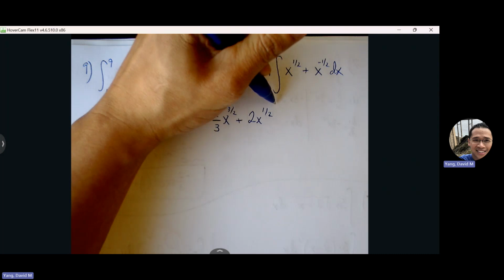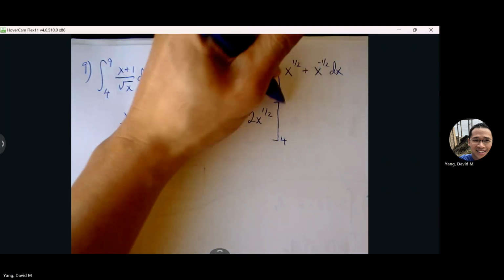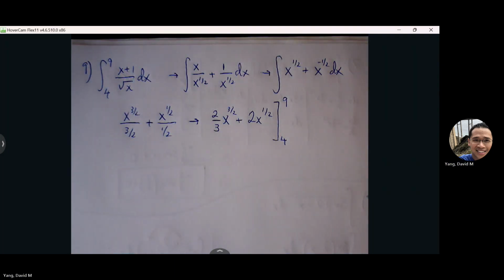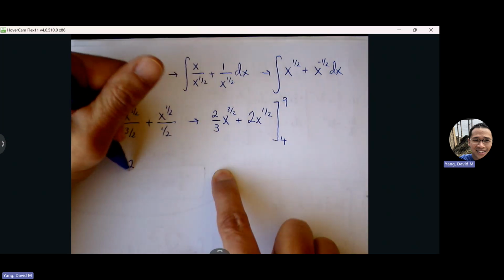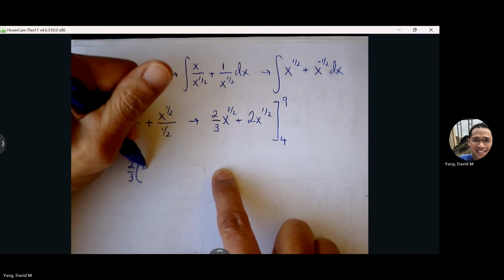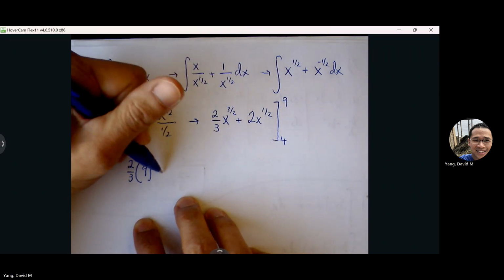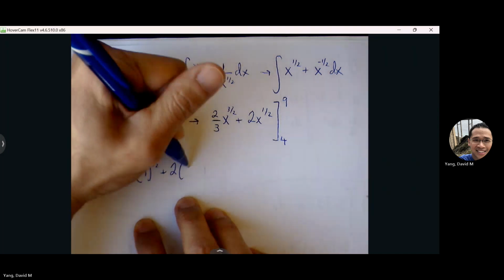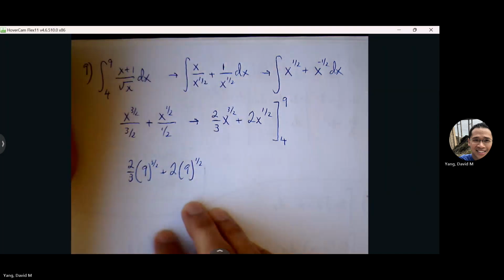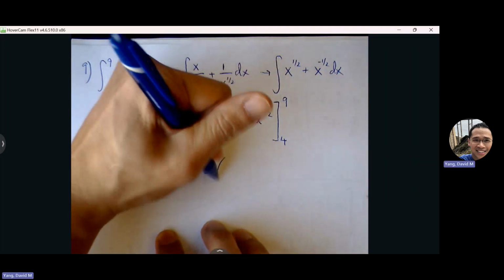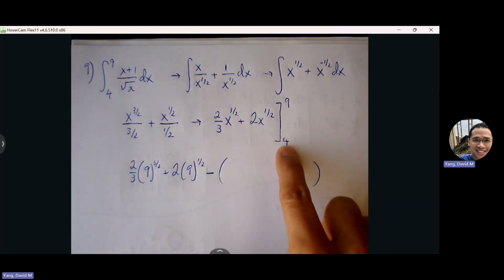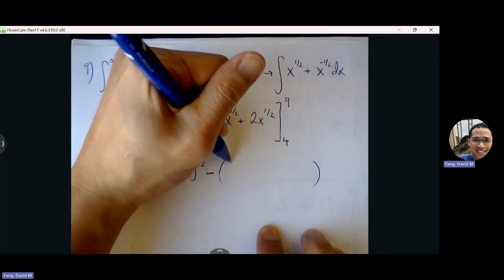And now we're ready for our bounds. Okay, upper bound first. Minus big parentheses, and work in the lower bound.